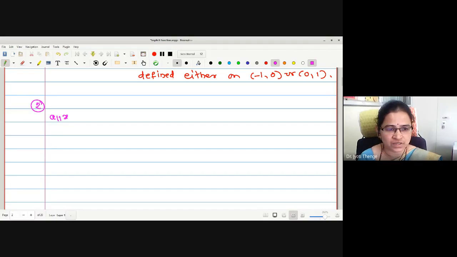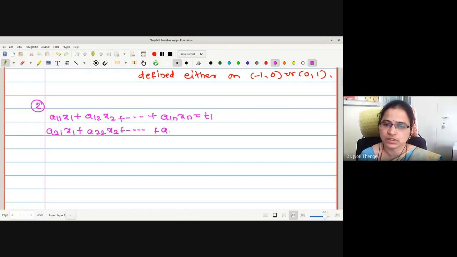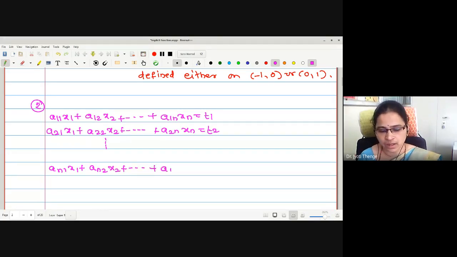Let me write a11 x1, a12 x2, and so on up to a1n xn is equal to t1. a21 x1, a22 x2, up to a2n xn is equal to t2. Right. Next, last, say an1 x1, an2 x2, plus up to ann xn is equal to tn.